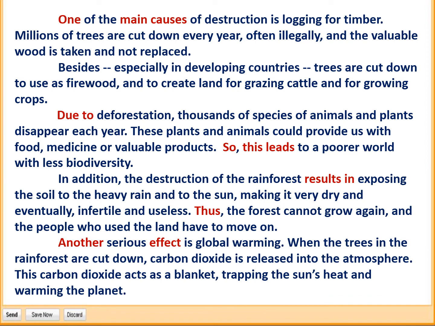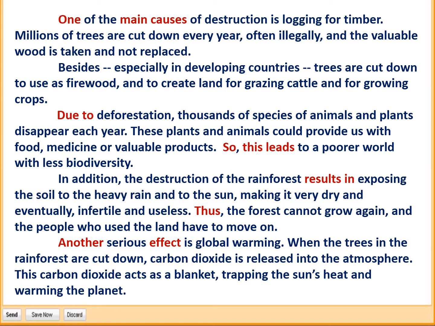Notice here that cause and effect linking words are highlighted. One of the main causes of deforestation, of destruction, is logging for timber. Millions of trees are cut down every year, often illegally, and the valuable wood is taken and not replaced.